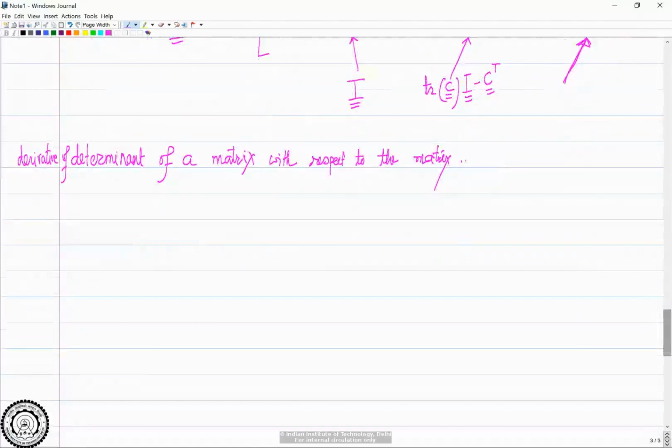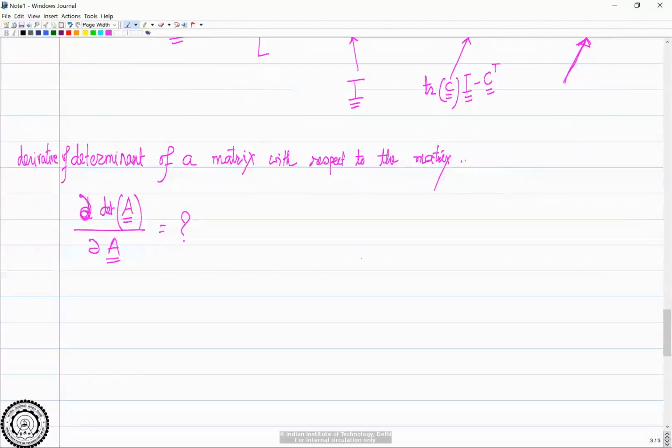Okay, let me work it out. So let us say A is the matrix, and I want del determinant of A with respect to A. So how do I work this out? As I have told you, this is a derivative with respect to a tensor. Let us first scalarize the derivative.